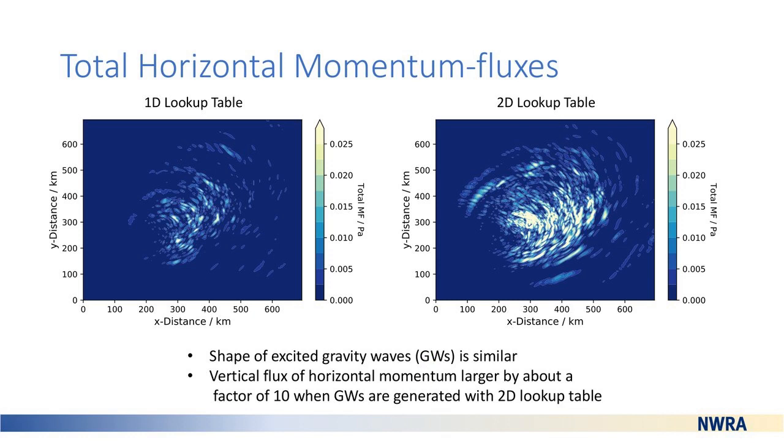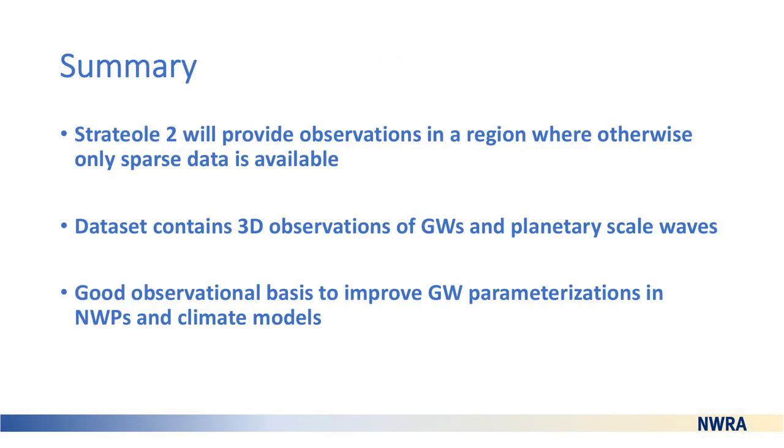And with that, I come to my summary. I want to give you 3 take-home messages. The first take-home message being that Strateole-2 campaign data will provide observations in a region where otherwise only sparse data is available.